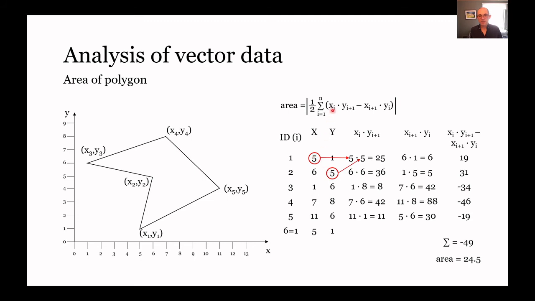We take this, our x i, and this is the y i plus 1, minus the next step, which is x i plus 1 times y i. So we multiply those together, subtract one from the other, sum them all up, and then we get our answer.